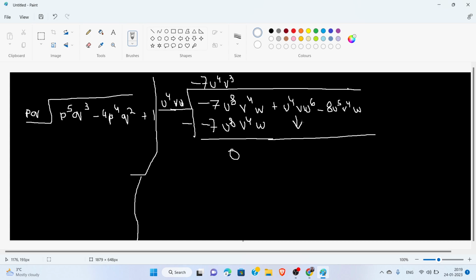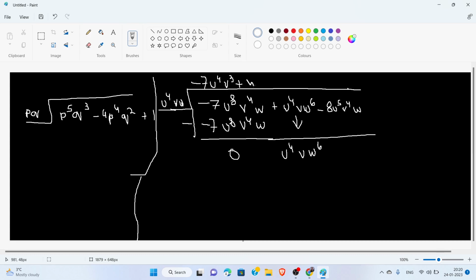And when we bring this down, we don't change any operations, right? No operations are changed. So it's just going to come down as u to the power 4 v w to the power 6. This part is very easy, right? You and I both know that this is positive, so I'm going to add here. So I have to multiply w to the power 5 on both sides in order to get w to the power 6.